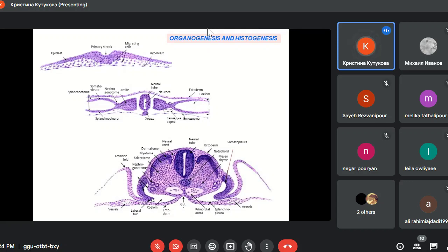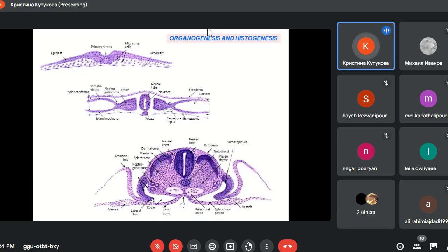For example, our intestines, our guts, and our stomach are located inside our body cavity, and this cavity is lined with mesothelium, and all the organs, all intestines and stomach, also are covered with mesothelium.